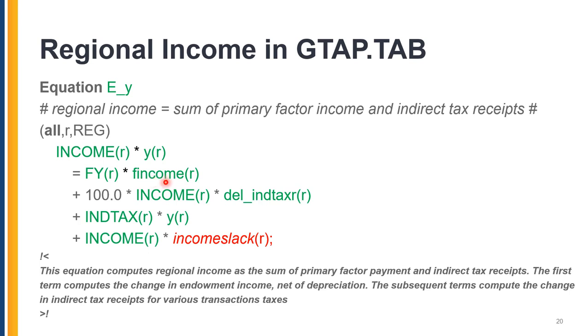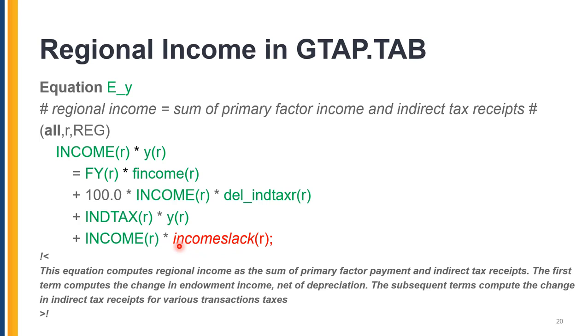So there must be an equation that's determining factor income, and you can navigate through this and see how it all works if you like. But what we're really after here is this balance between the total income for the region, the factor income being multiplied here, indirect taxes that are proportional to income, and then we have this slack variable.